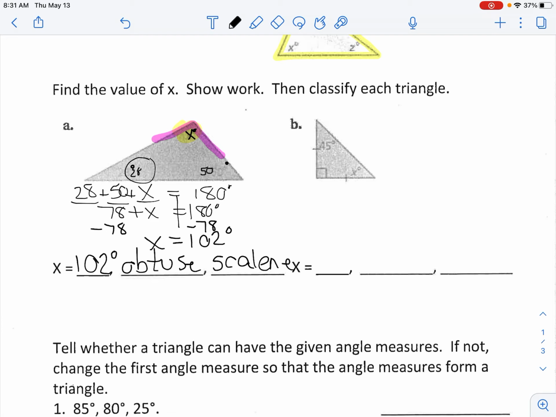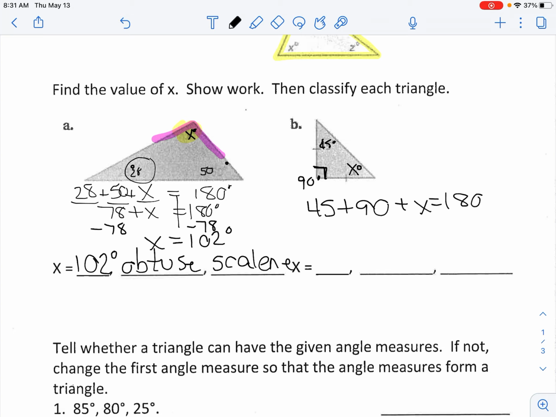All right, moving on to letter B. So I think we can see that says 45 degrees. This is 90 degrees, but I don't know what X equals. But I do know that 45 plus 90 plus X has to total 180.